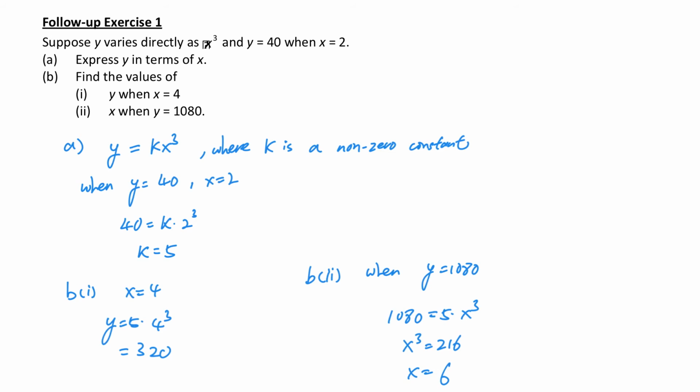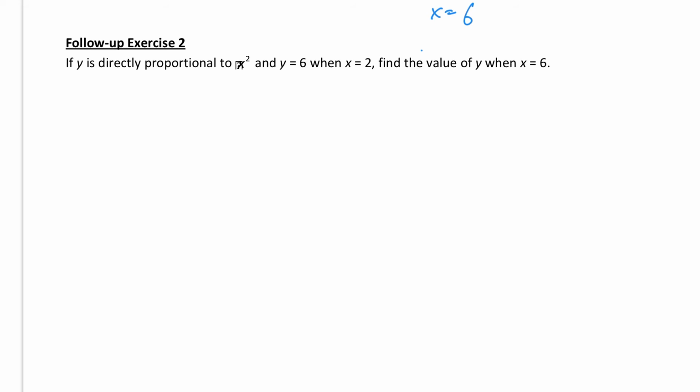Part B, similar. When x is equal to 4, what is the value of y? Then y is equal to 5 times 4 to the power 3, y is equal to 320. When y is equal to B2, y is equal to 1080. Substitute to the equation. Not very difficult to find the value of x. Pause the video to do the exercise 2 first.